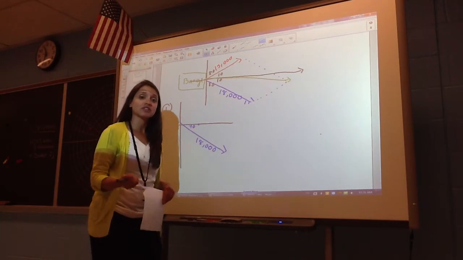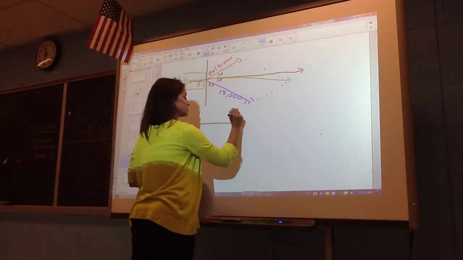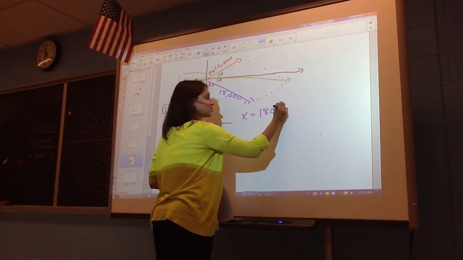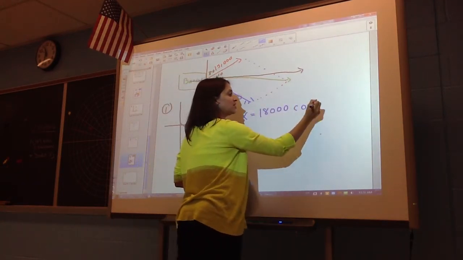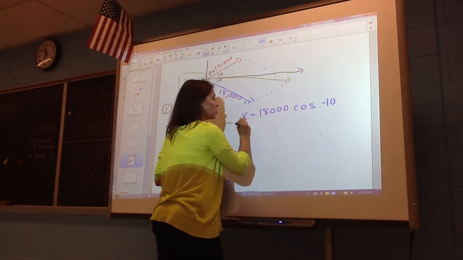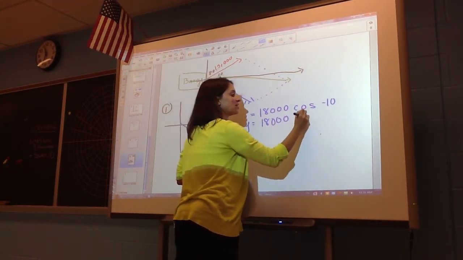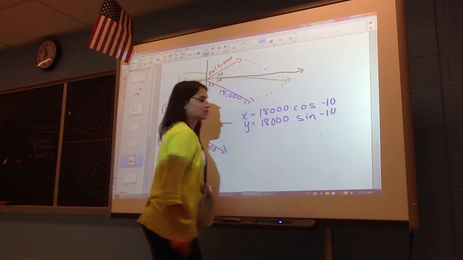Well, our formulas to find the horizontal and vertical components follow like this. X equals the magnitude, which is 18,000, times the cosine of a negative 10 degrees. Y equals the magnitude times sine of negative 10 degrees.